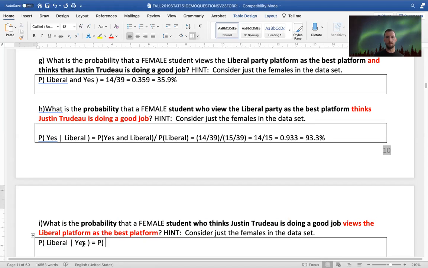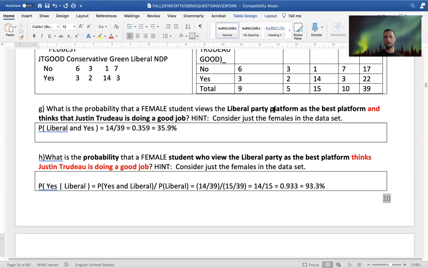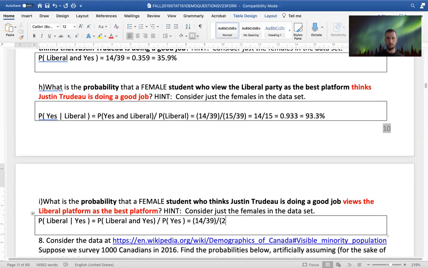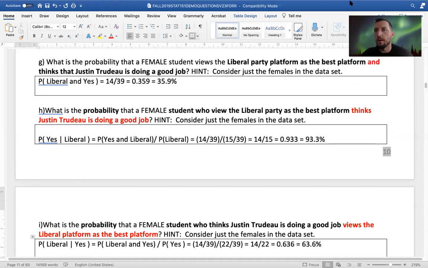So this is going to be P liberal and yes divided by P yes, which is equal to 14 over 39 again, but in this case we are dividing by the column total for yes, which is 22 over 39. Okay, that gives us 14 over 22, which is 0.636, which is equal to 63.6%. Hooray.